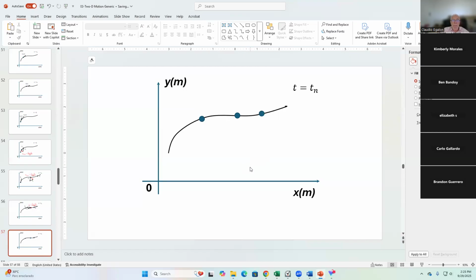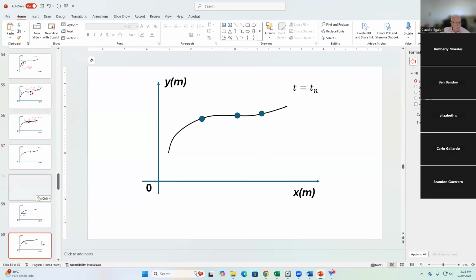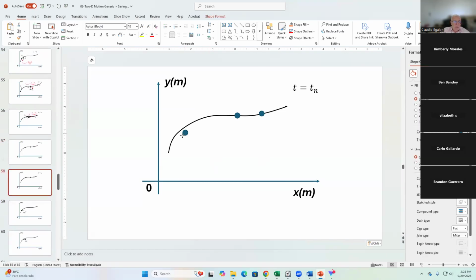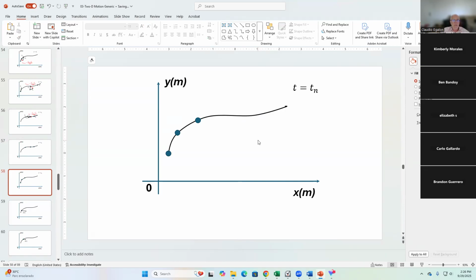And if you keep on doing that, here I did the average acceleration vector, the instantaneous acceleration vector for this point. If you keep on doing it for the other points, what do we find? We do the same here, let's say for a point midway between these other two. What are we going to find?